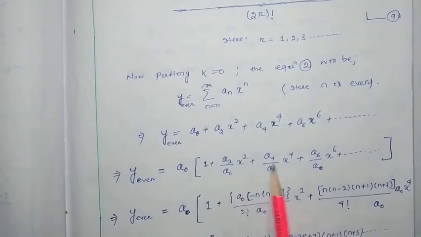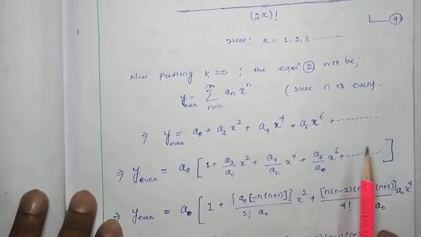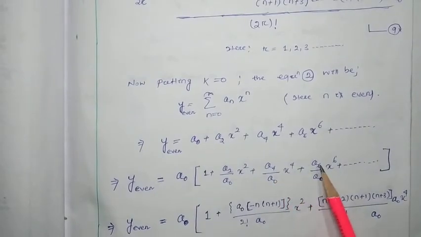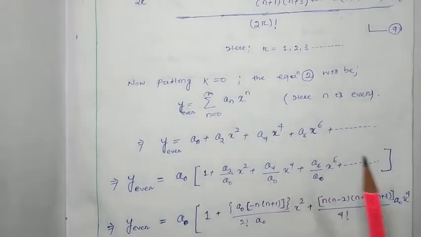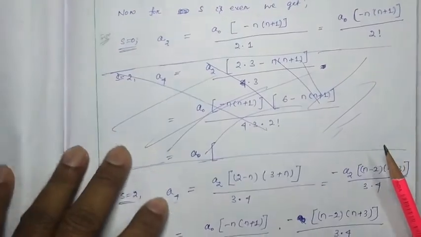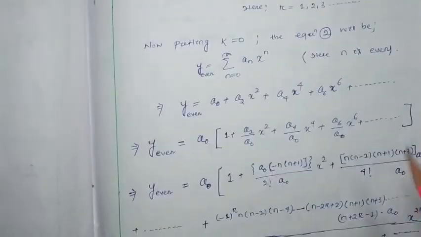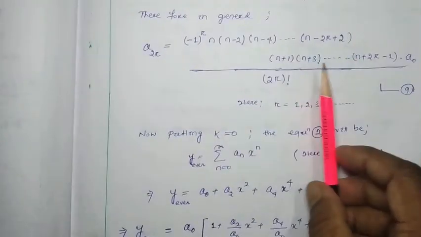You just take a0 common. So a0 is divided in each term, and we just put the a2 value, a4 value, a6 value, whatever we found here, and also the general a_n value.